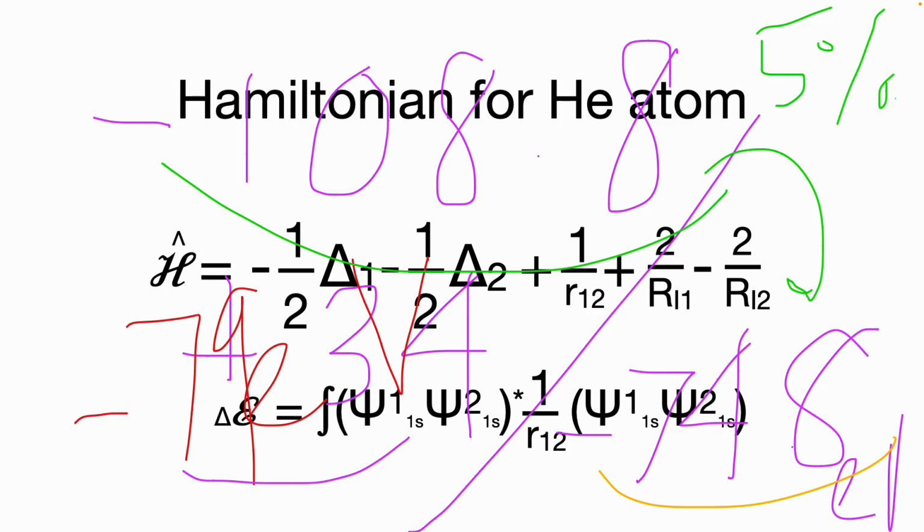Anyway, this is what we covered in this lecture. We looked at perturbation theory and how we get to the expression for the first order correction to the energy, and we were able to apply the same to the helium atom system. Thank you.